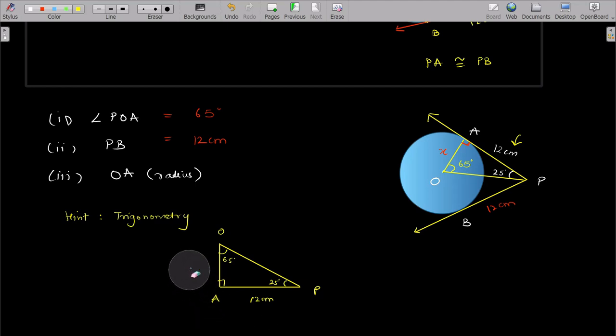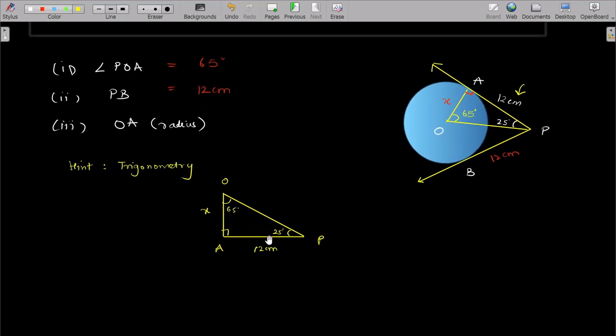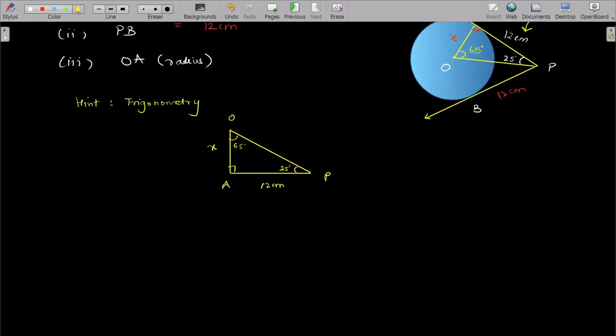I've just drawn this triangle so that things become clear. So first of all, Anika, tell me, have you completed trigonometry? Well, I learned trigonometry, yes. Okay, so do you remember the three ratios, sine and cosine and tangent?